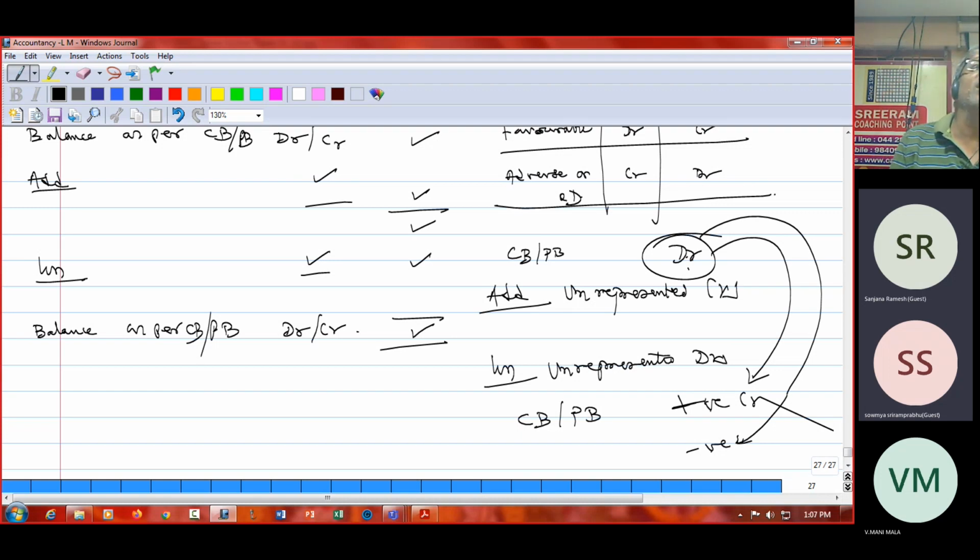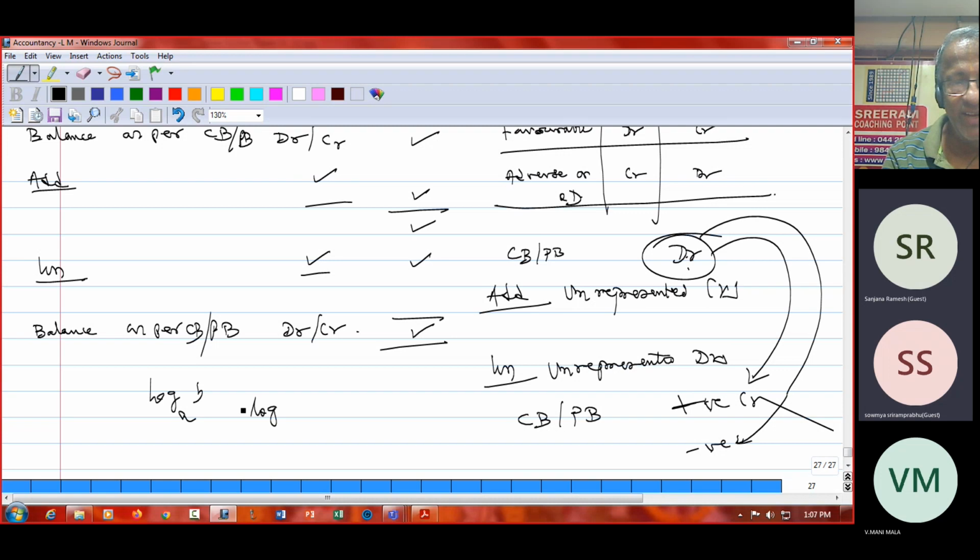You don't have to think whether the cash book balance is greater, passbook balance is lower, therefore you got to deduct to arrive at this. That sort of thinking you don't have to develop. See, in mathematics, we say log b to the base a, when you have to do a common base.